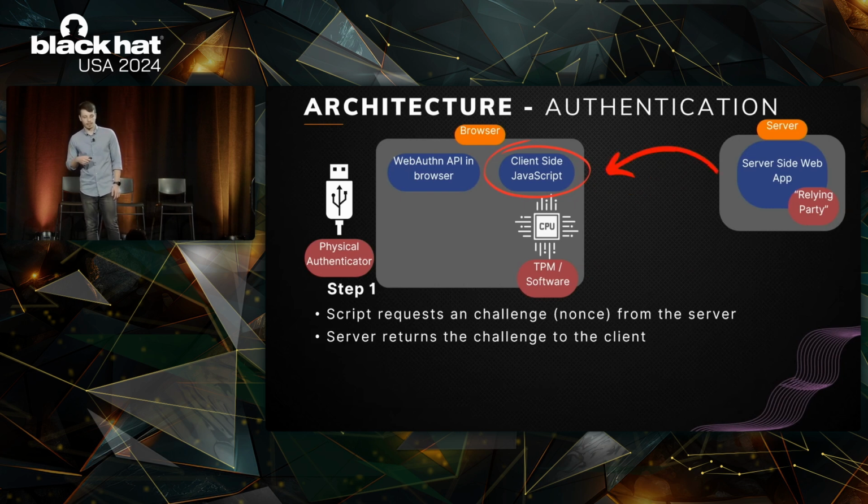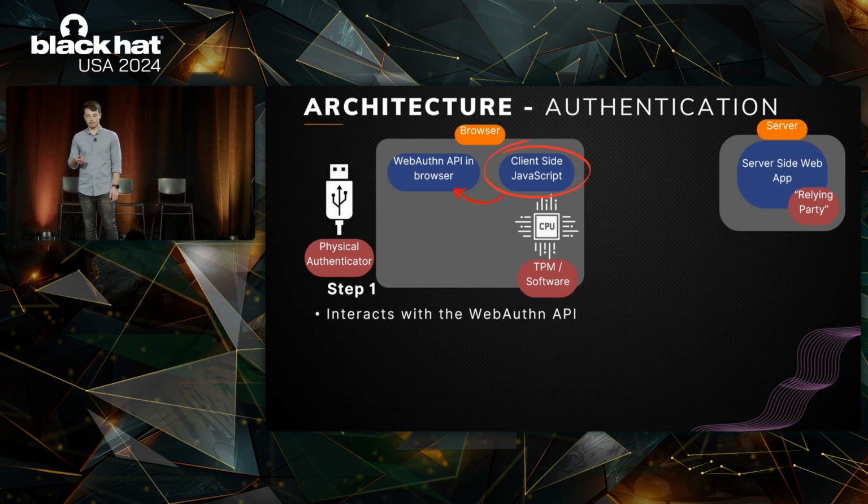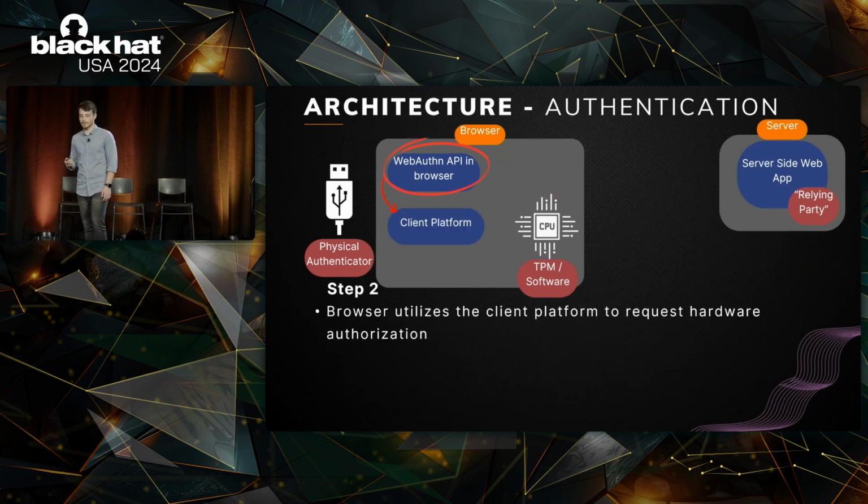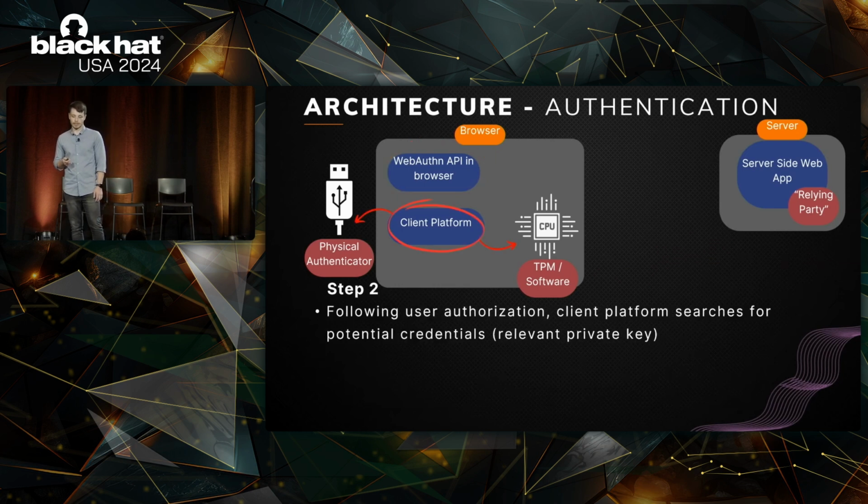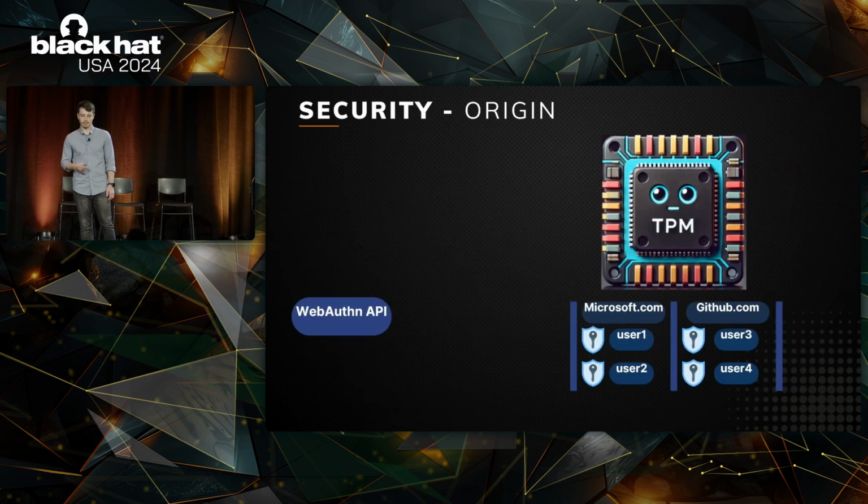Once the server returns the nonce to the client, the challenge, it will use the WebAuthn API to interact with the client platform, which will request hardware authorization. Once you authorize, for example, by providing your PIN code or fingerprint, it will search for relevant credentials within the authenticator, either the TPM or the physical authenticator.